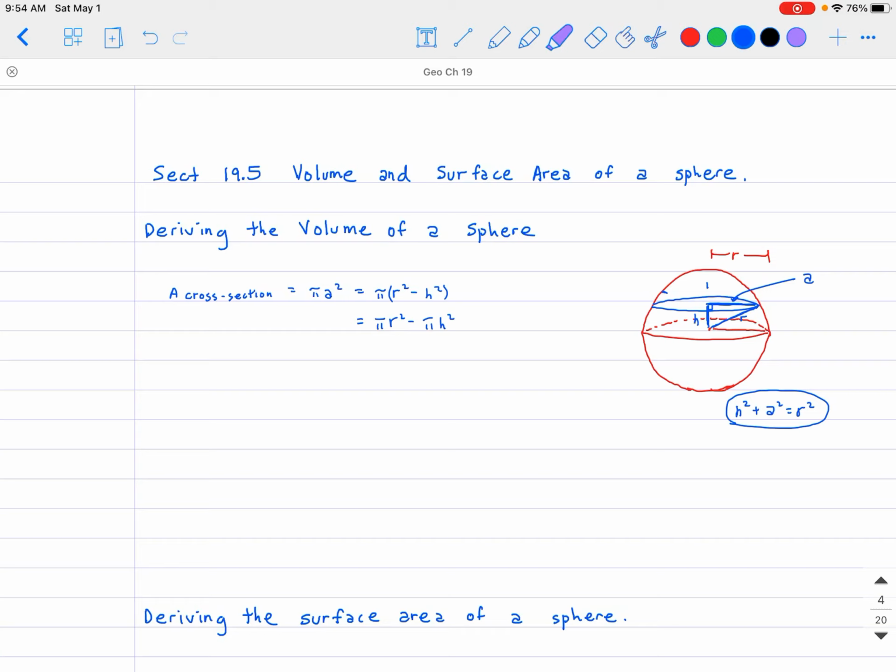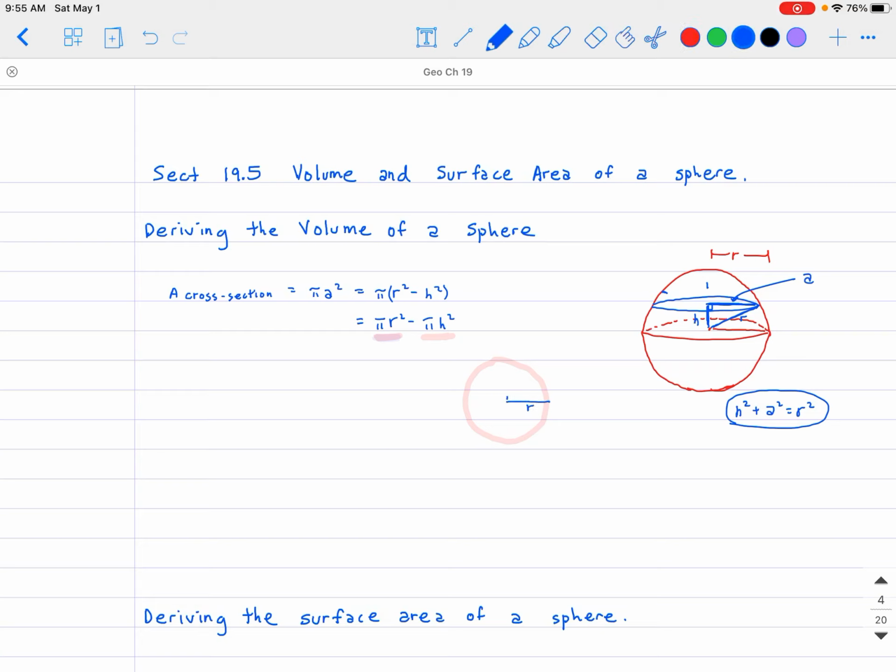According to the formula we just came up with, the area of a cross section is actually the area between two circles, because you have one circle, which is pi r squared, and then minus another circle, which is pi h squared. If I were to draw that out, here's what it looks like. If we have a generic circle, r is going to be the radius of the outer circle, whereas h is going to be the radius of the inner circle.